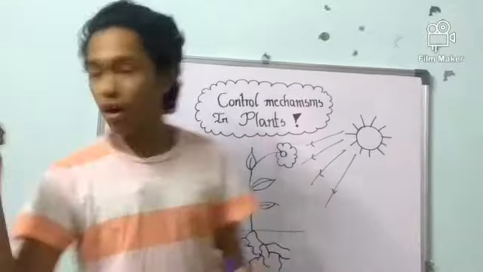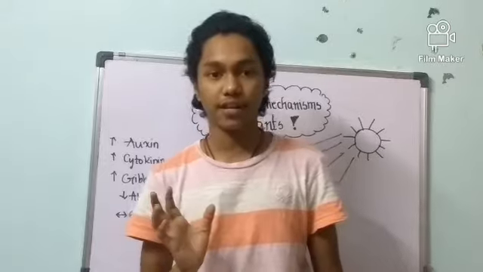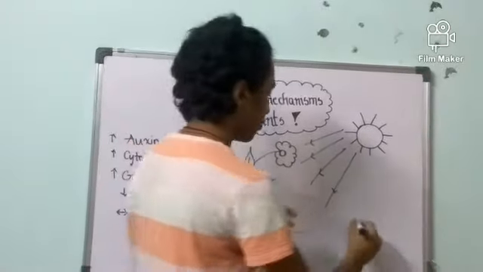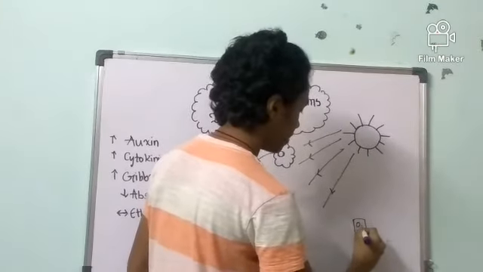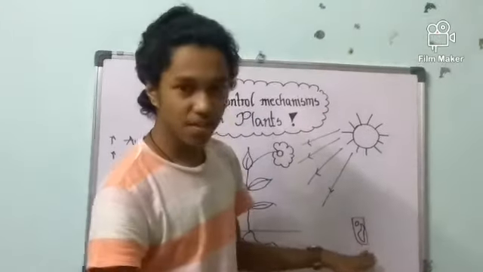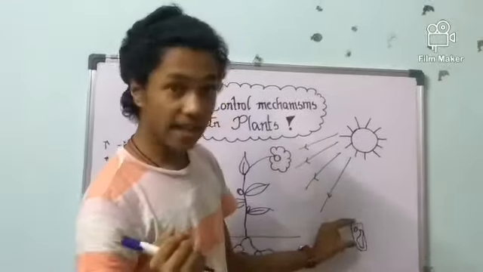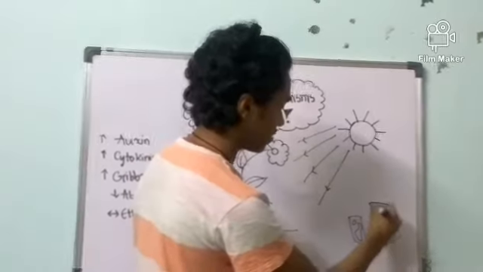Actually, what auxin does is make the cells elongate. Simply put, it makes the cells elongate. So for example, this is a plant cell with a big vacuole, and auxin makes the plant cell elongate. This is a normal cell, and it will make the cell like this.